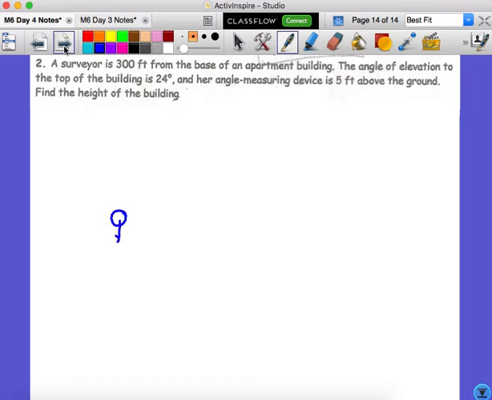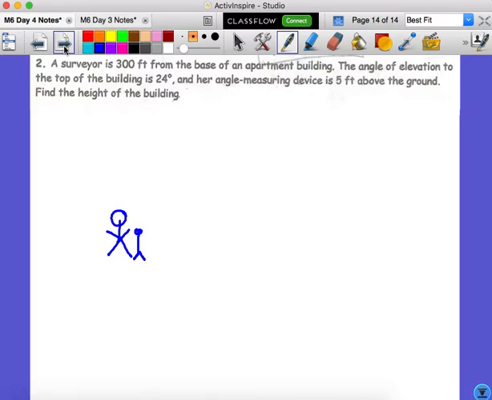So in other words, we've got this person standing here with this device that's going to allow them to calculate how tall something is. So surveyors kind of figure out the lay of the land. They go through the different pieces that their tiny little computer can do for them.